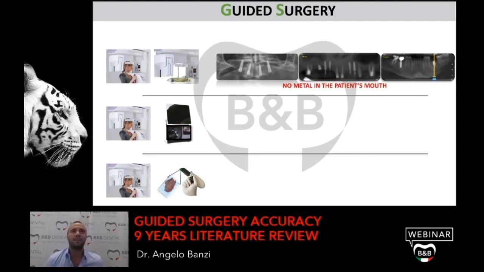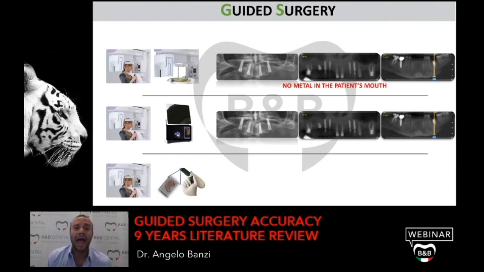So the original method, the double CT Combine, allowed me to handle every situation, but only when in the mouth of the patient there is no metal. In case of metal, I recommend you to use the second method, the second workflow.